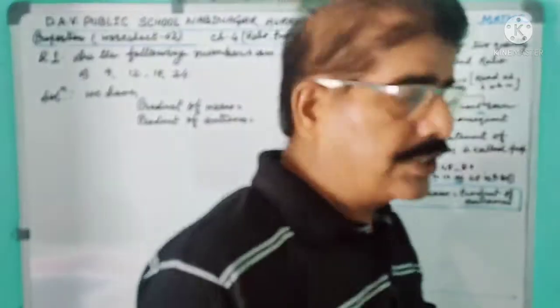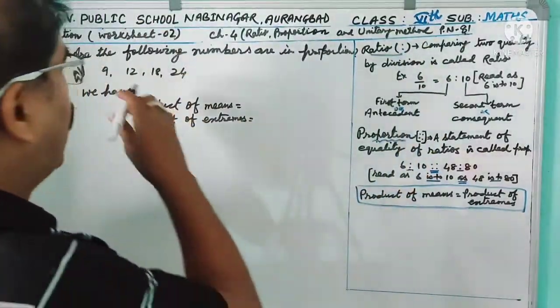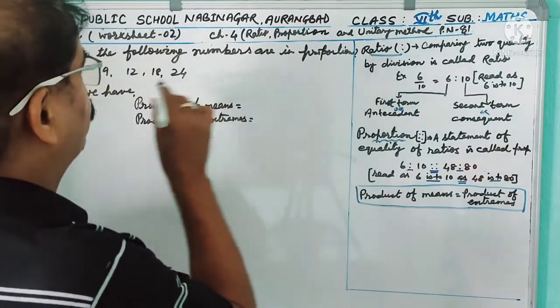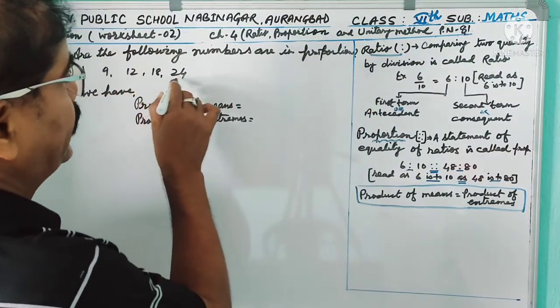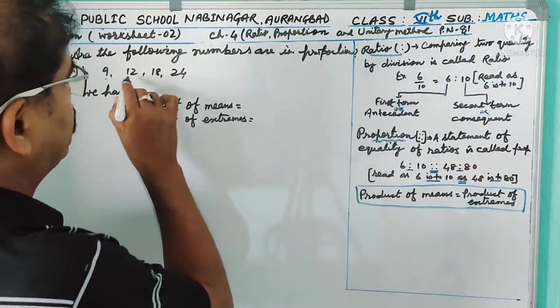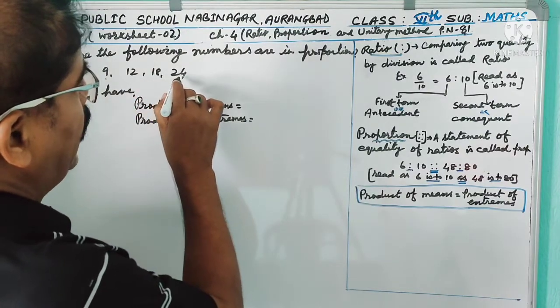Dear friends, your first question is: are the following numbers in proportion? 9, 12, 18 and 24. This is the first term, second term, third term and fourth term.